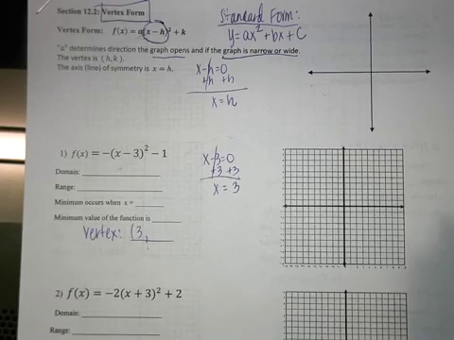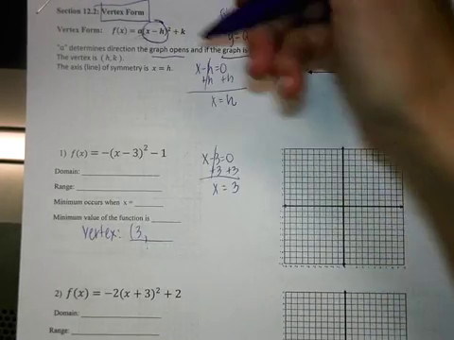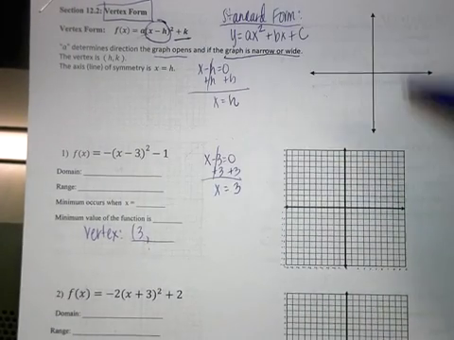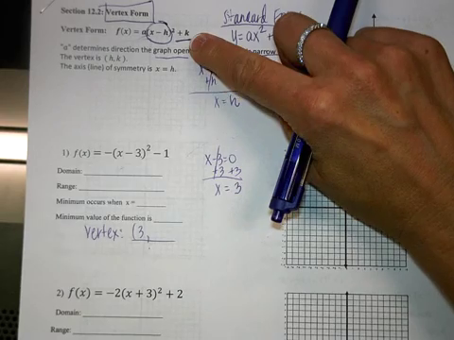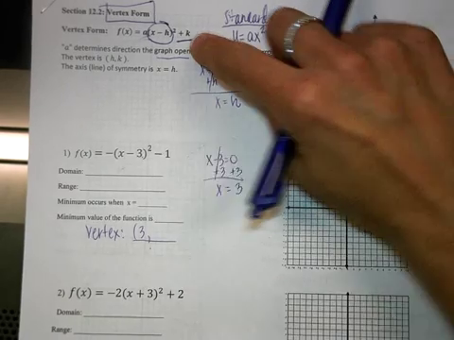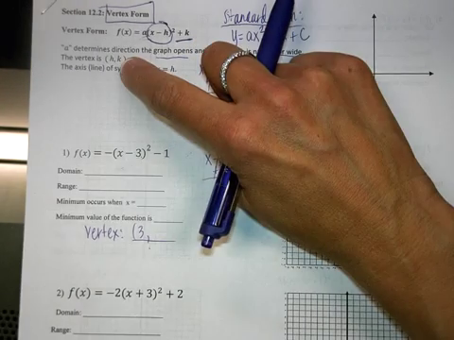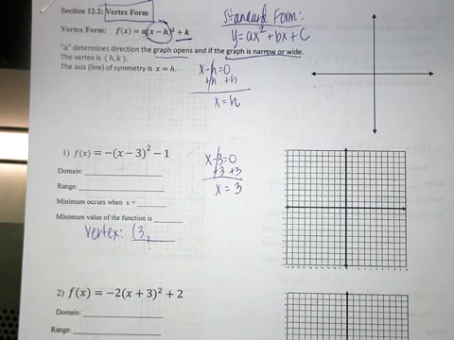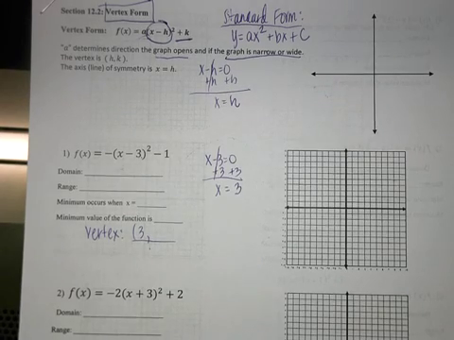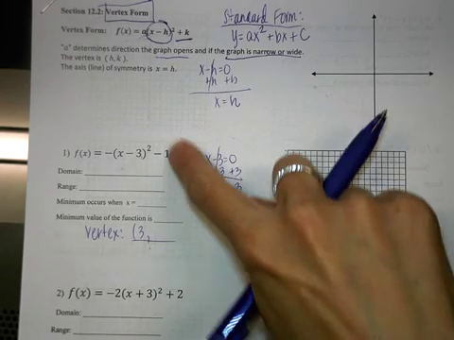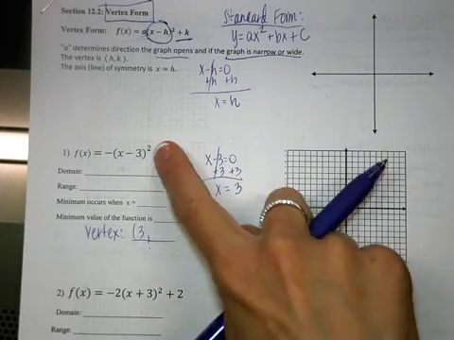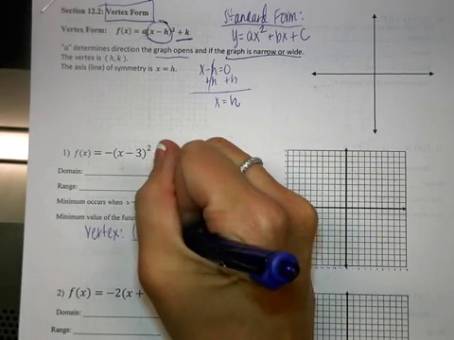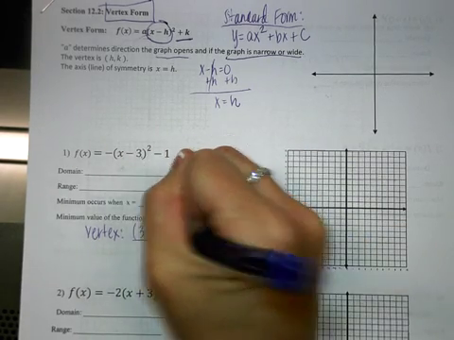Now the end part, the y part, is the part that's being added at the end. Do you see how that's a positive k? And the vertex here is also a positive k. So the only part that you set equal to 0 and solve is the parenthesis part. The end part just tells you your y value. So my y value is just going to be negative 1.